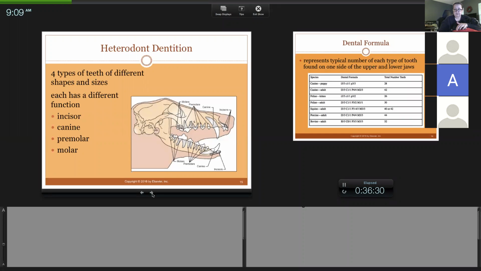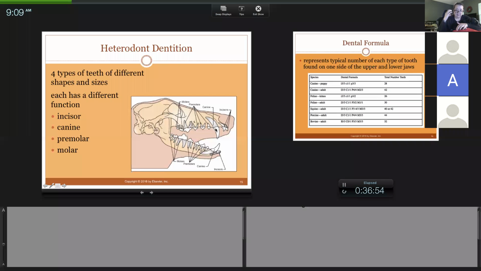Now, I will tell you, when you guys are in the clinic, sometimes a puppy will come in, they're 6 months old, they're there to be spayed, and sometimes they have what's called a retained deciduous tooth. Quite often it's the canine, and you'll see a canine that's kind of tiny and sharp, and then you'll see an adult canine behind it.